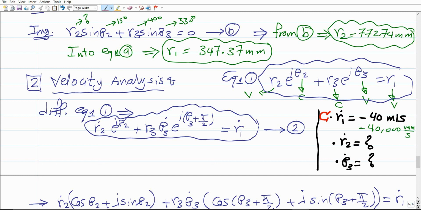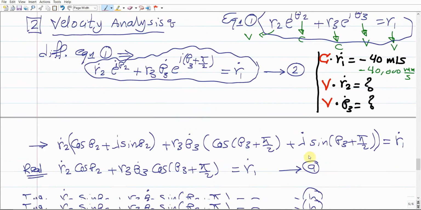Make sense? So if the velocity is given and it is mentioned directly that the velocity is constant or uniform, this indicates that the r dot or the theta dot will be constant. Other than that, especially if it is unknown, like the case of R2 dot and theta 3 dot, we have no clue, and we're going to deal with them like variables.